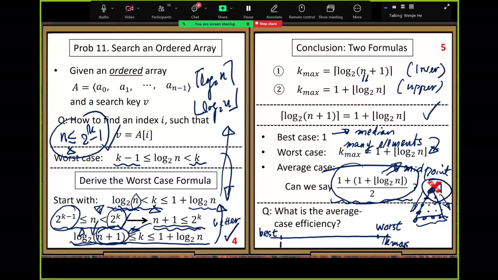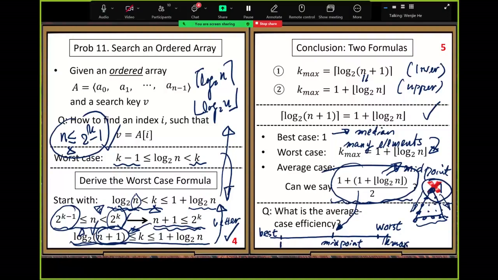Where is the location? And this is the midpoint. Midpoint means 1 plus best case plus the worst case divided by 2.